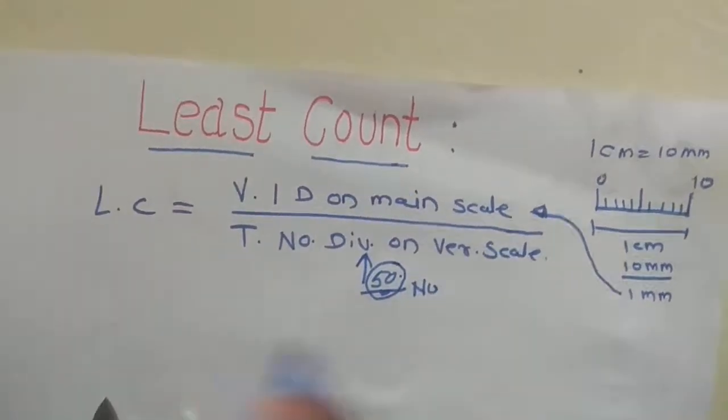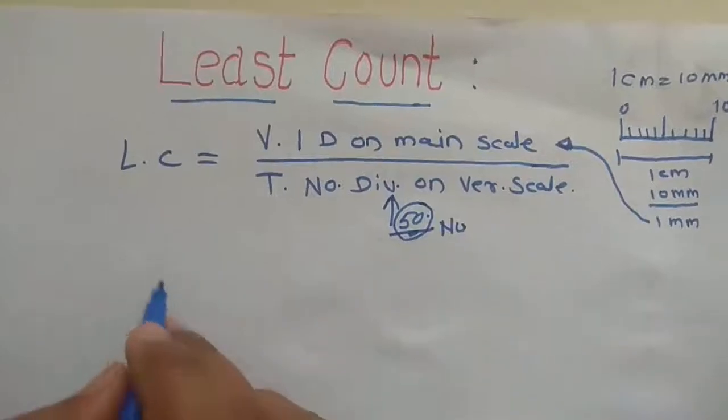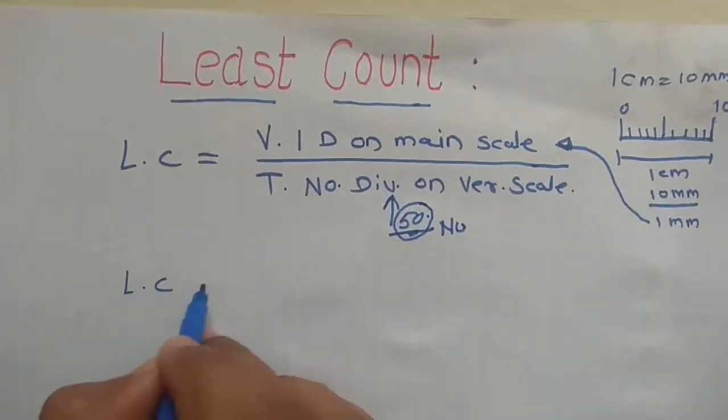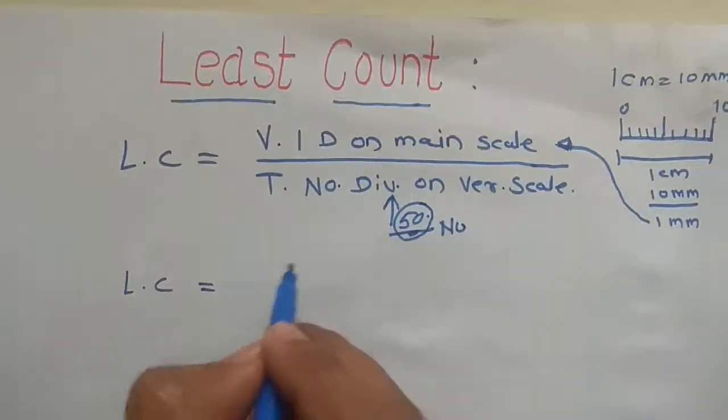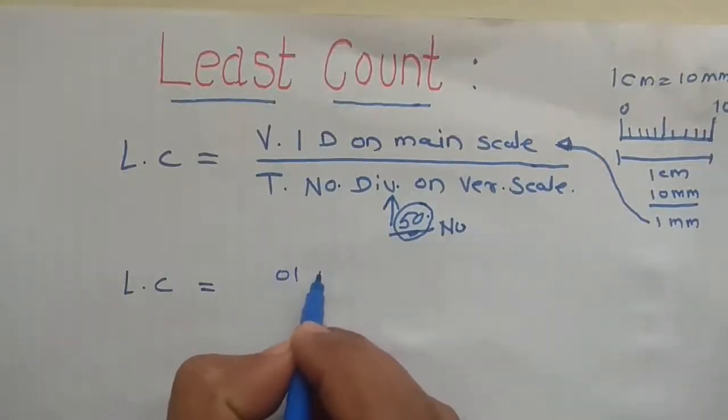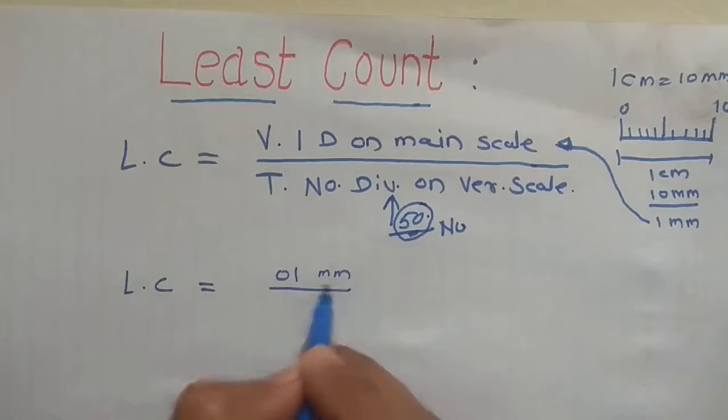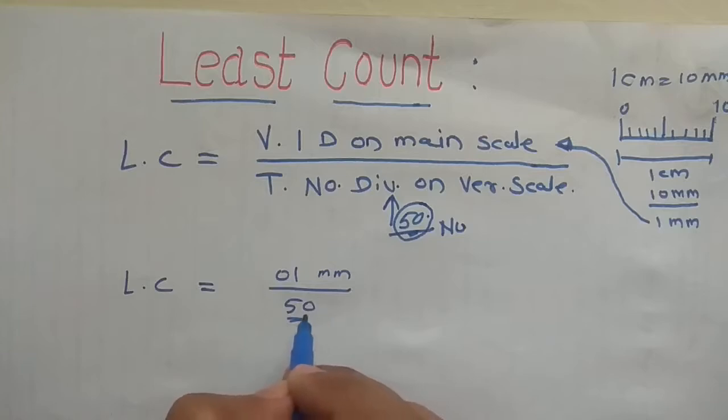Now when we put the value in the formula, 1 mm divided by 50, this quantity is a number.